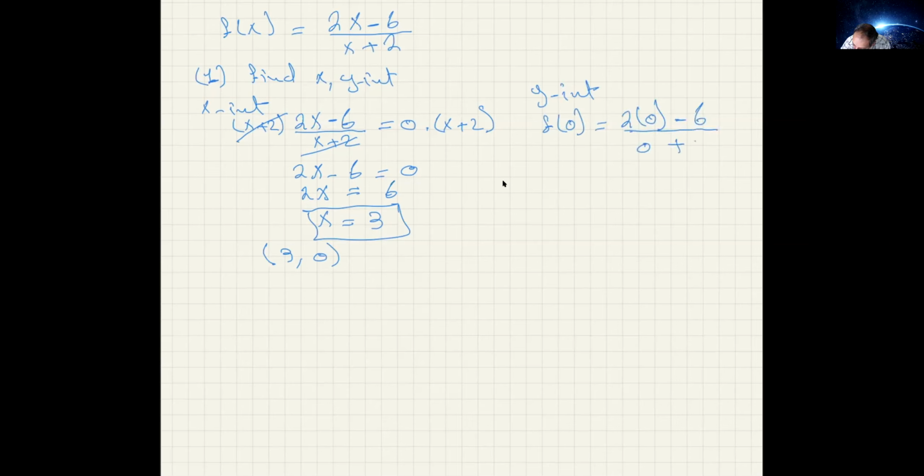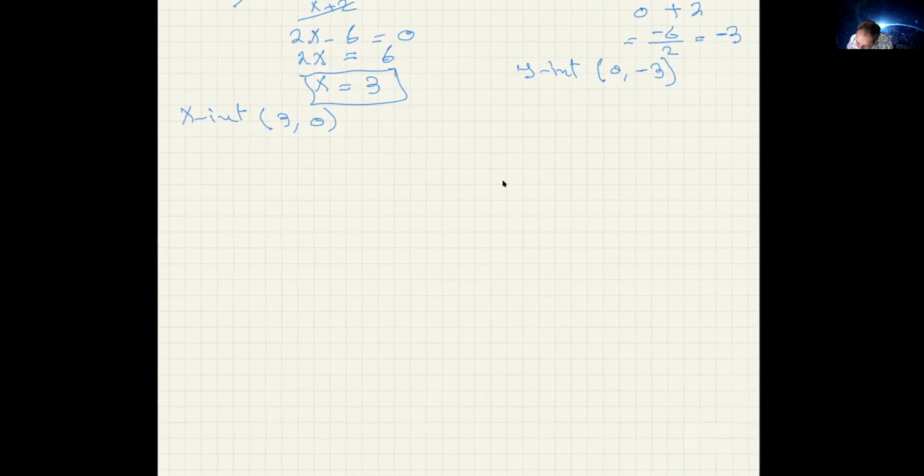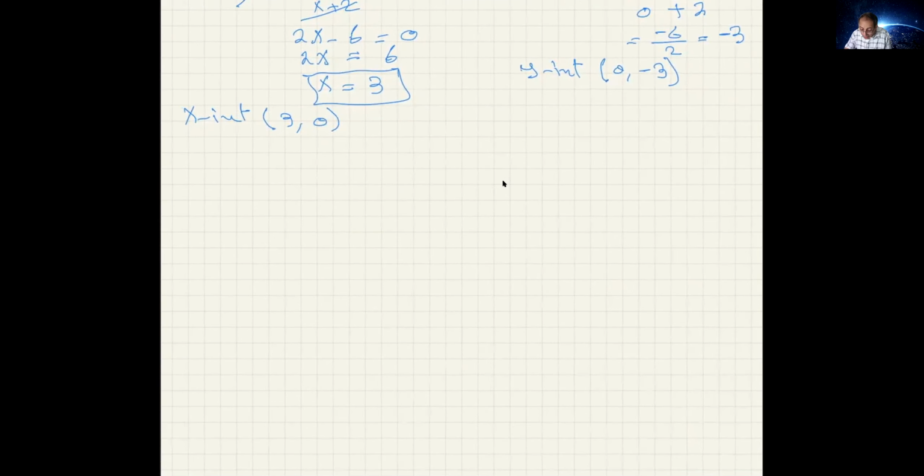So 2 times 0 is 0, so I have negative 6 divided by 2, which is negative 3. So the y-intercept is (0, -3). Remember that I have to write the vertical asymptote and x-intercept on the number line. Okay, so now I have the x-intercept and y-intercept.